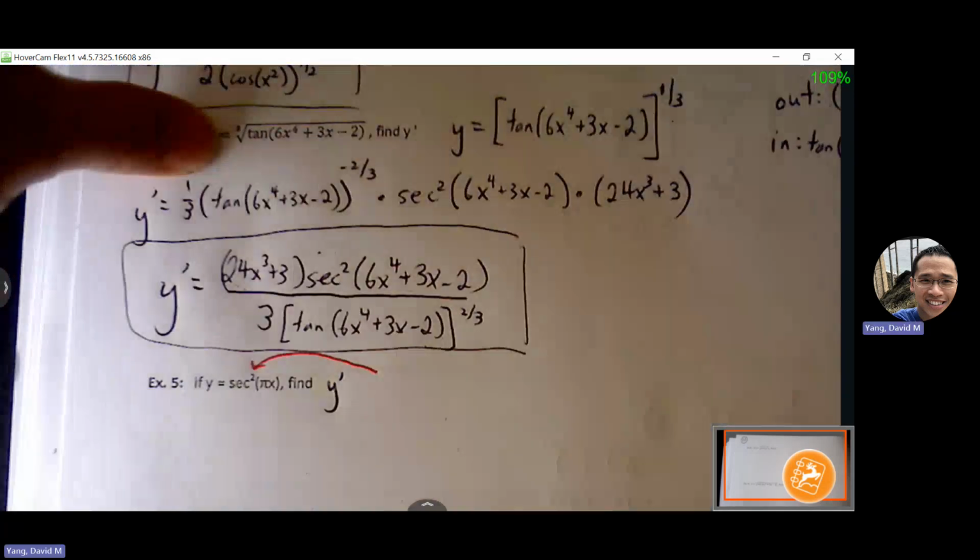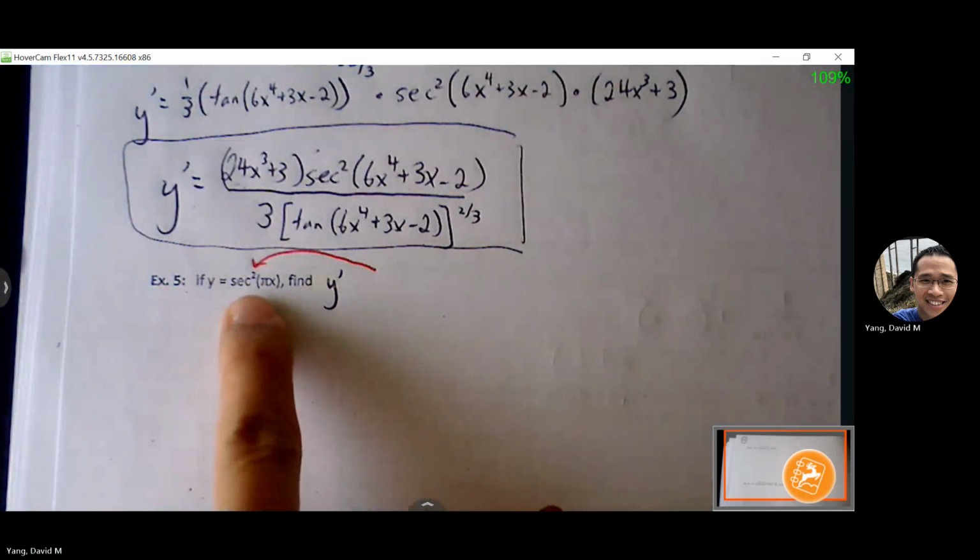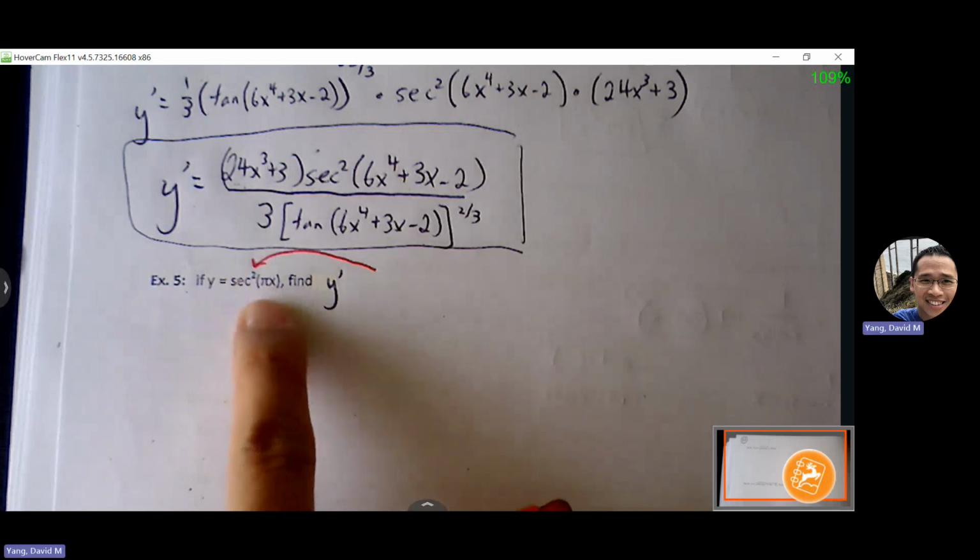What is that squared impacting? It's impacting the entire function.